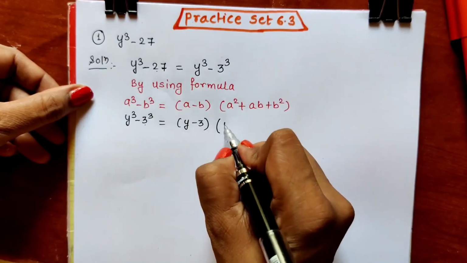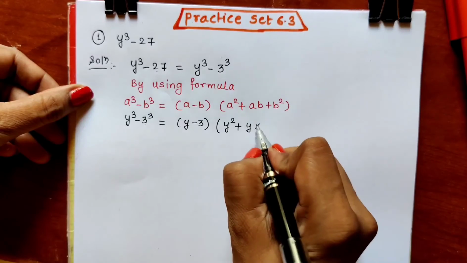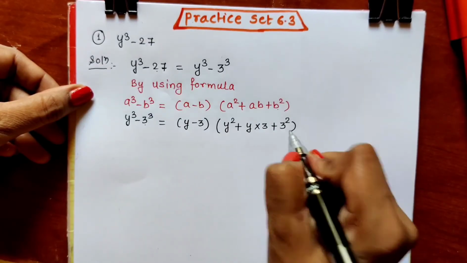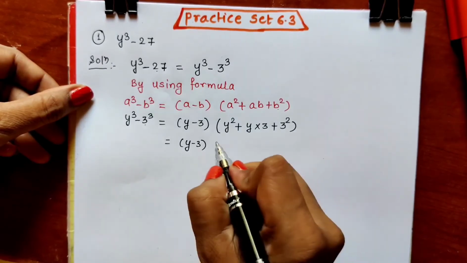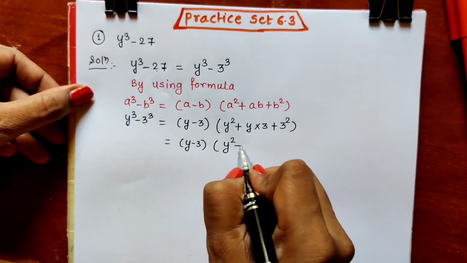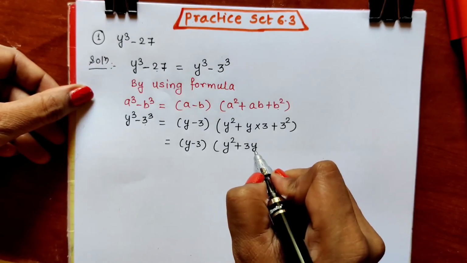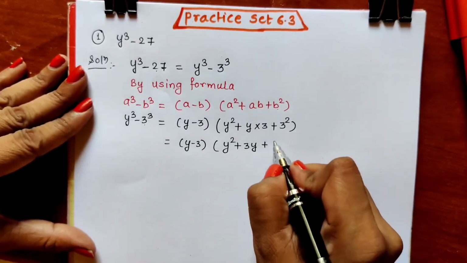So y square, a square means y square, plus a into b means y into 3, plus b square, b is 3 square. So it is y minus 3 we write as it is in the first bracket, second bracket solve: y square plus y into 3 is 3y. Always write the number first and then variable, that means coefficient and variable, plus 3 square is 9.